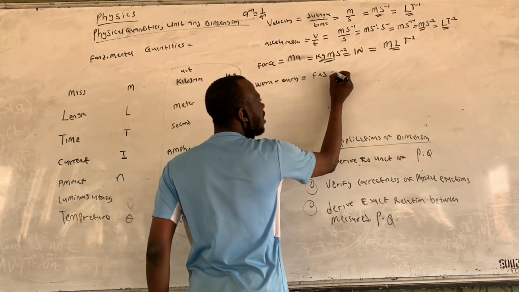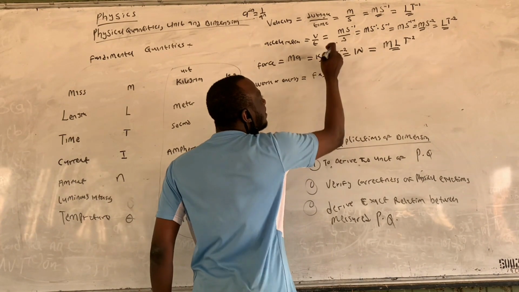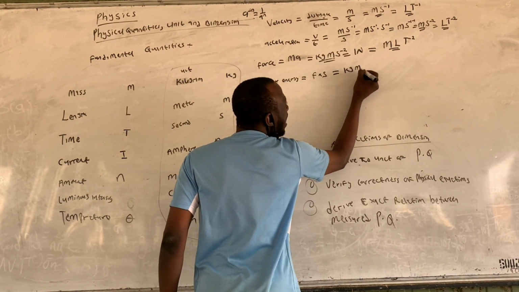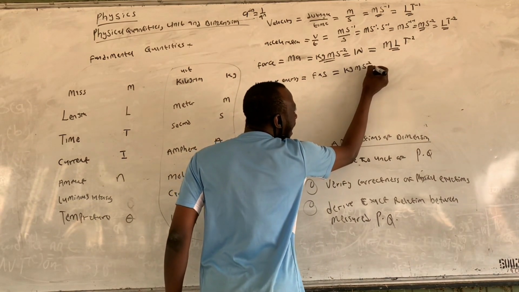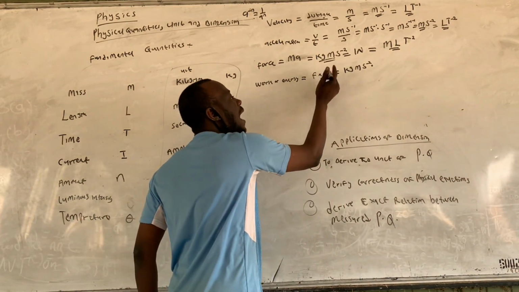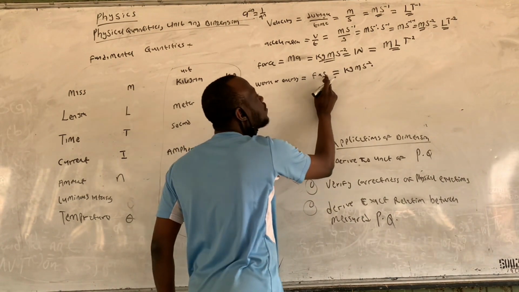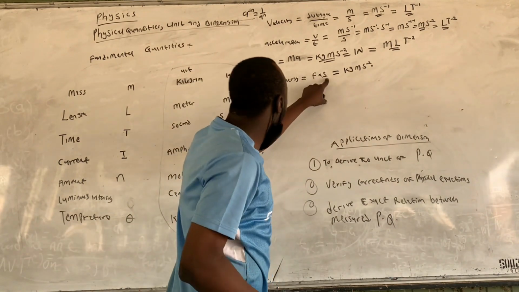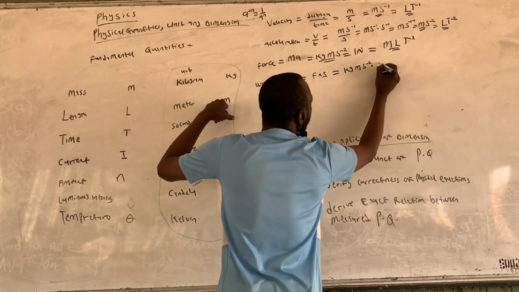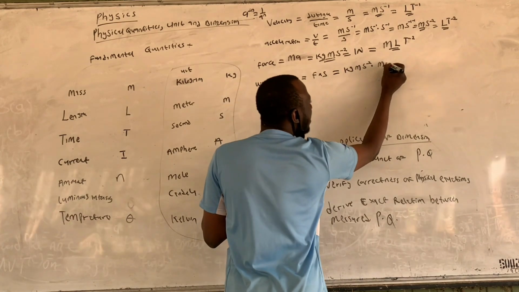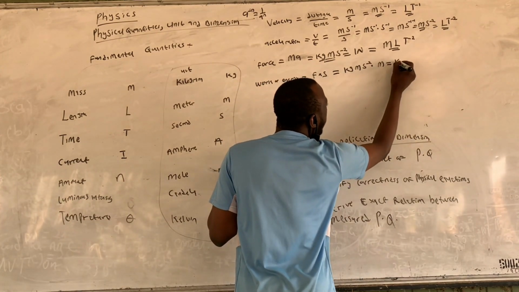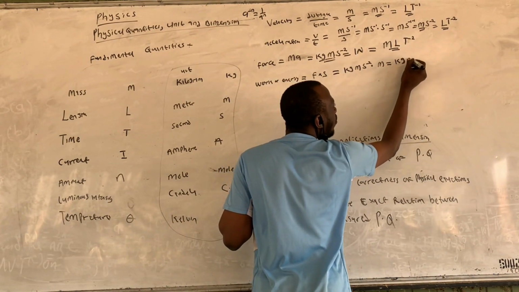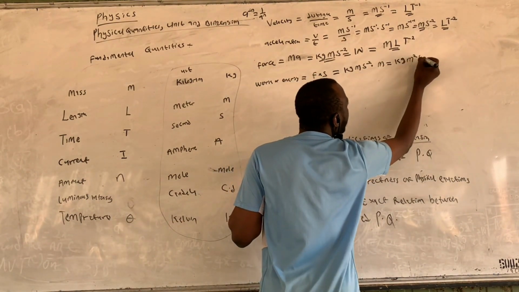Now, remember the SI of force is kilogram meter per second squared, times distance. This is distance, not second, please. So the SI of distance is meter. Now this becomes kilogram meter times meter, which is meter squared, per second squared.